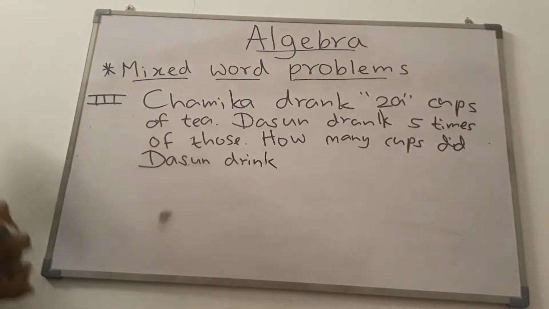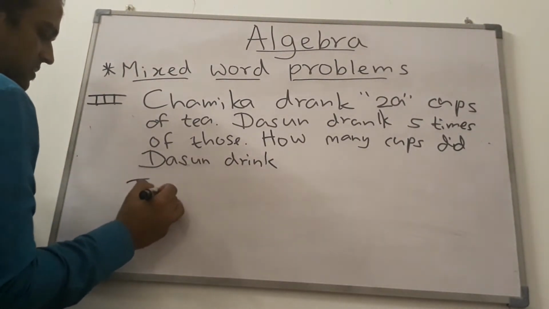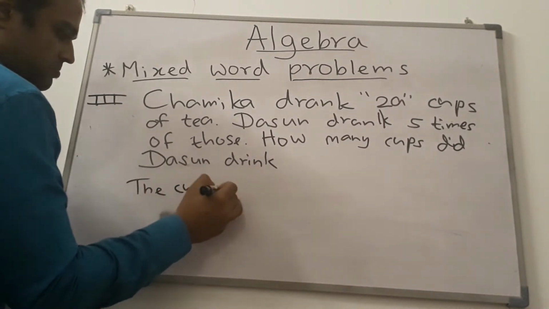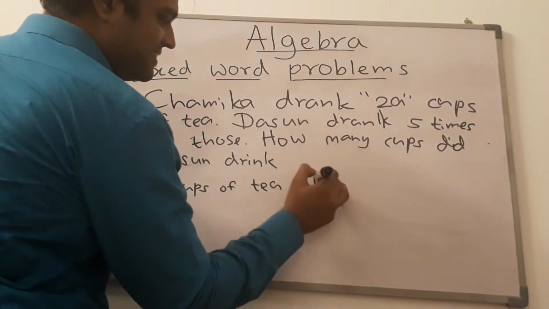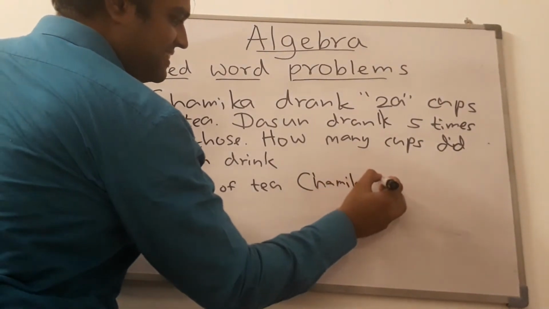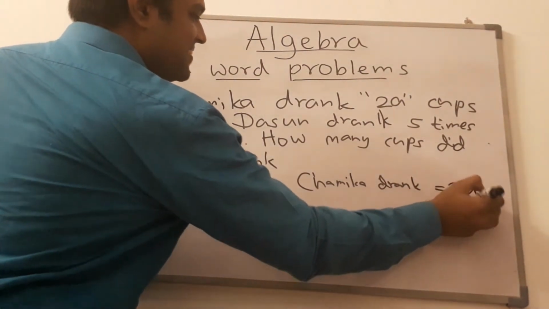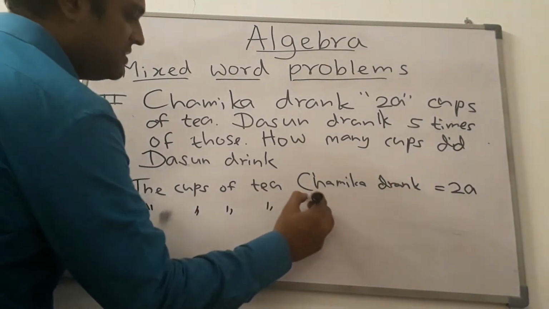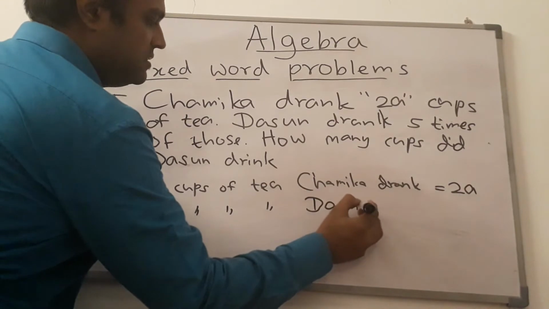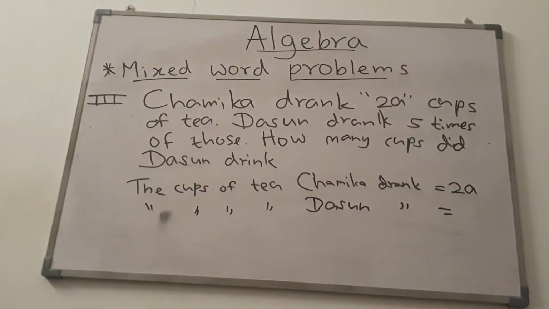Okay. The cups of tea Chamika drank equals 2A. The cups of tea Dasun drank means 5 times of 2A. Dasun drank 5 times the cups Chamika drank.